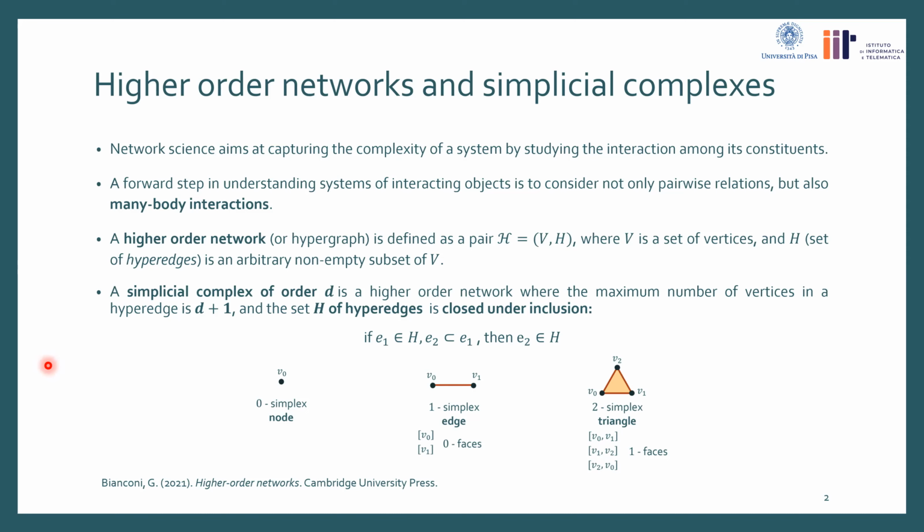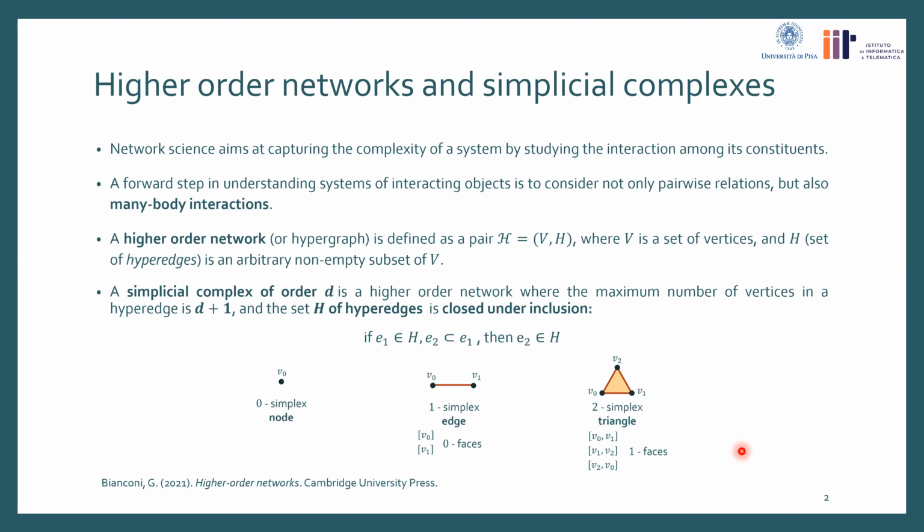So instead of having a set of edges here, you have a set of hyperedges, which is nothing more than an arbitrary non-empty subset of V. So a hyperedge is an arbitrary non-empty subset of V.